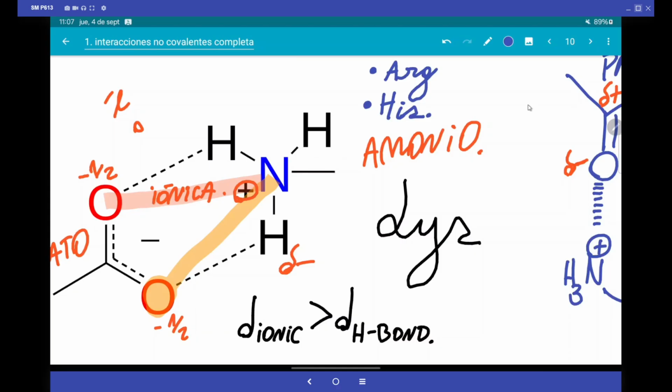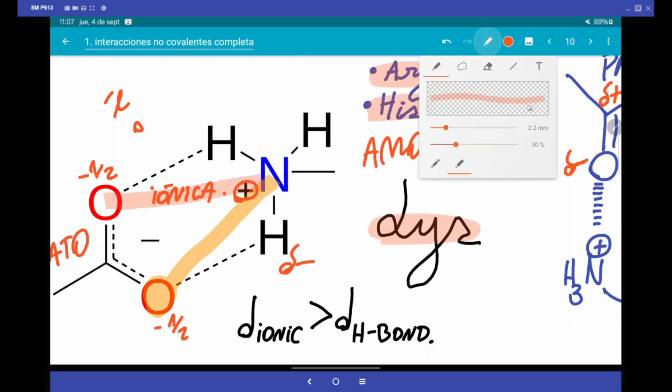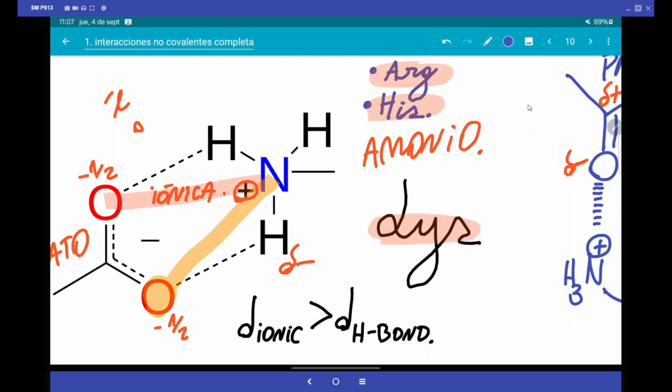Clear. And therefore the residue is actually hydrophobic. Then we have arginine, histidine and lysine, so that they gradually go by passive diffusion. With intermittent reinforcement, we are going to try to learn the residues of the amino acids.